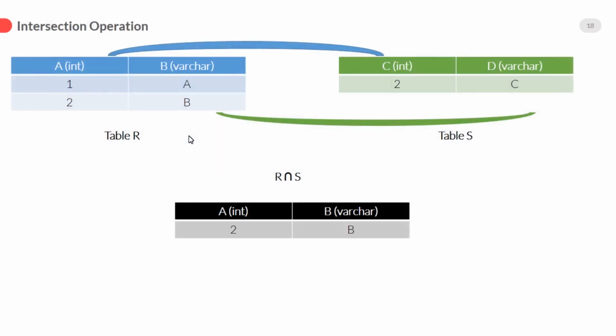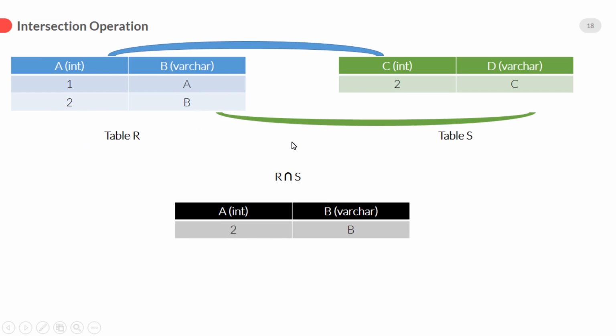So the tuple 2 is in both R and S, and the result of R intersection S is here in the black table.